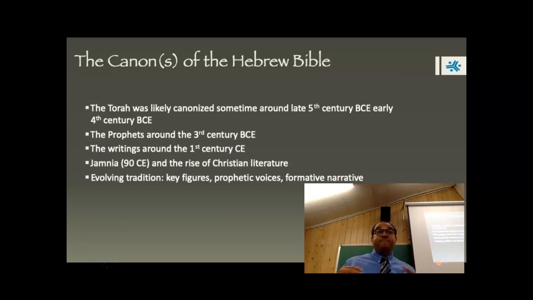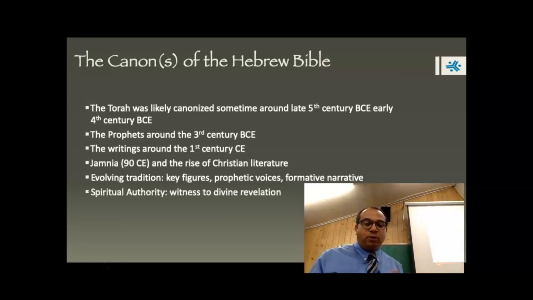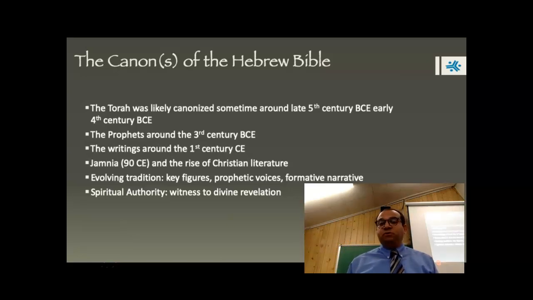Formative narrative, them being promised the land by the ancestors, entering the land and then being exiled out of the land and then returning into the land. Different theological themes and authoritative figures that have played a role in the life of the people. And spiritual authority, where the Jewish community believed that God revealed God's self in these texts, that these texts are a reliable witness to divine revelation.